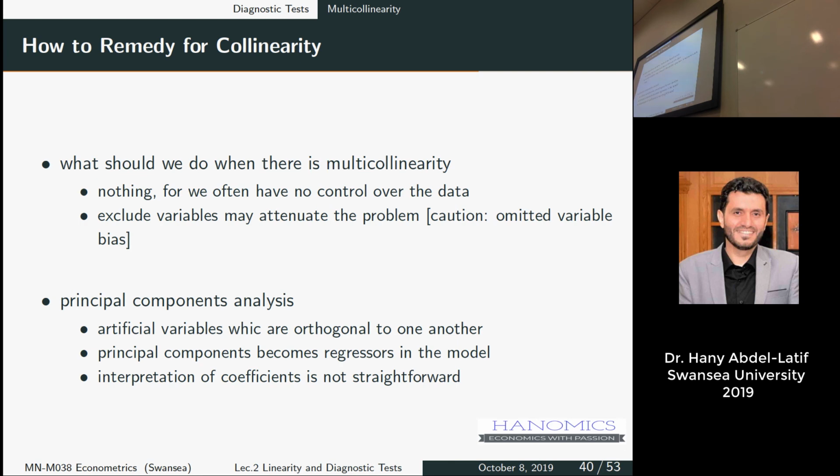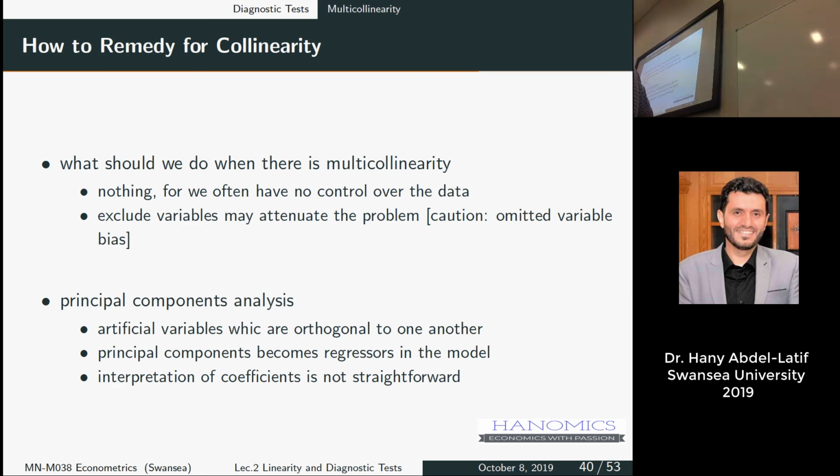So what do we do now? Well, you can't do much really. You need to drop one of those variables. Sometimes people ask me which variable to drop. Well, it depends on your research question, what you're interested in. Another way to deal with it, which we'll not cover in this lecture, and I don't think we'll cover it in this course, but if we have time, I'm happy to look at it if people are interested, is principal component analysis, where you put these variables together and create another variable which is not correlated with each other.